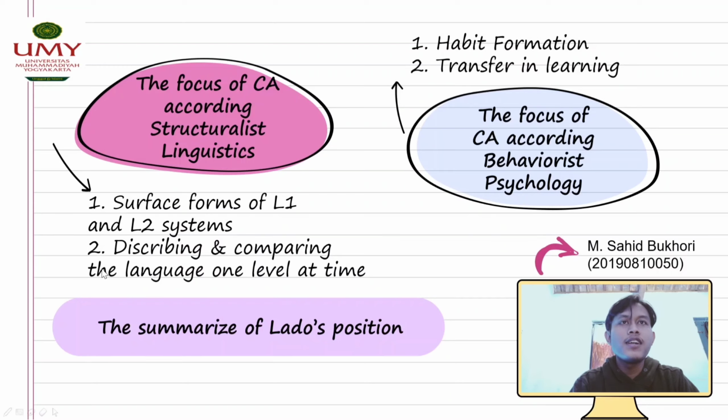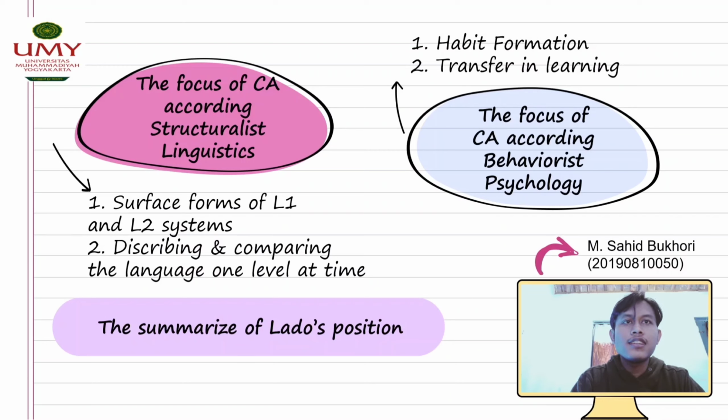The summary of Lado's position. The easiest L2 structures are those which exist in L1 with the same form, meaning, and distribution, and are thus available for positive transfer. Any structure in L2 which has a form not occurring in L1 needs to be learned.